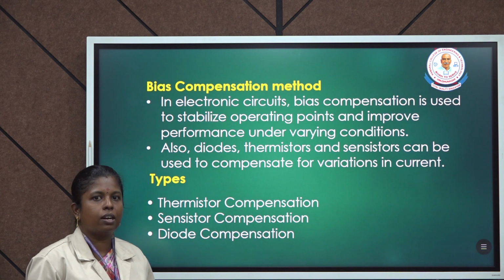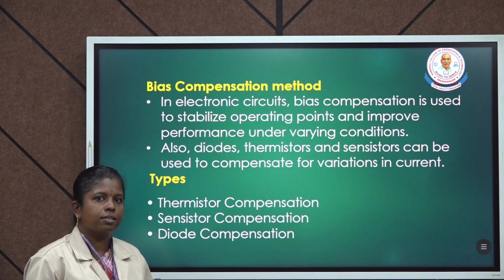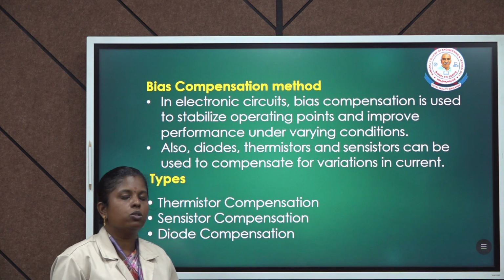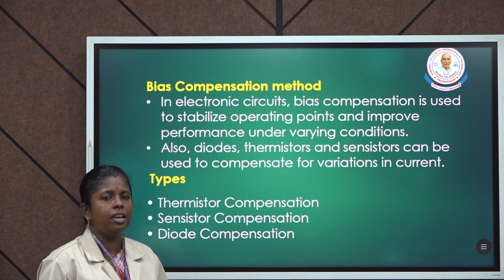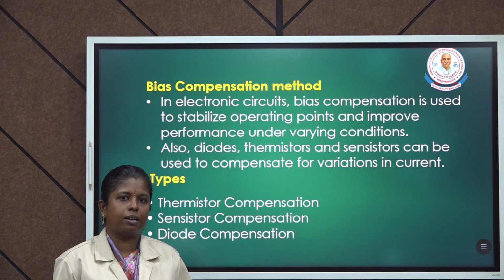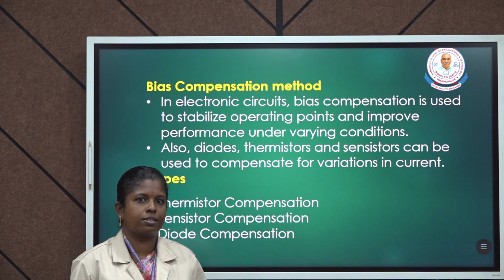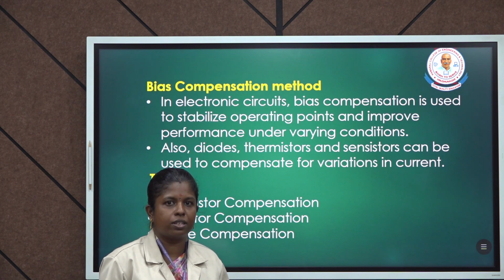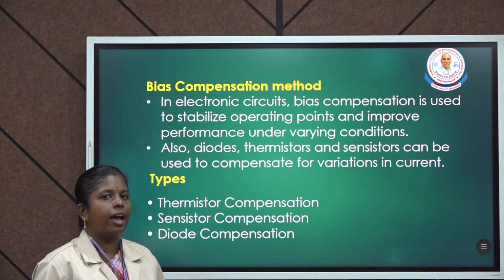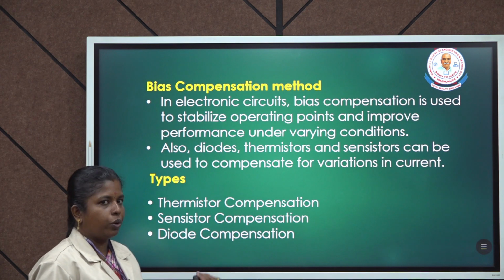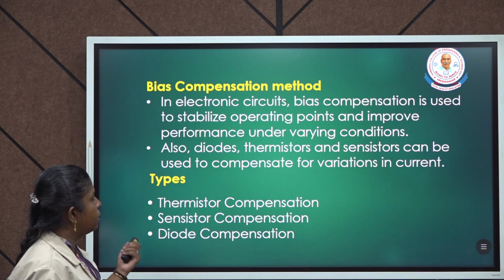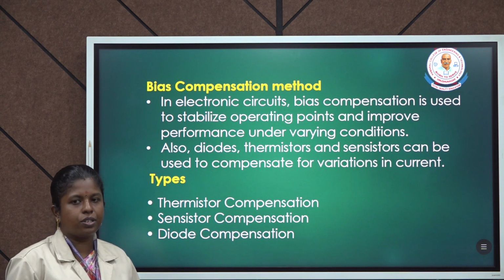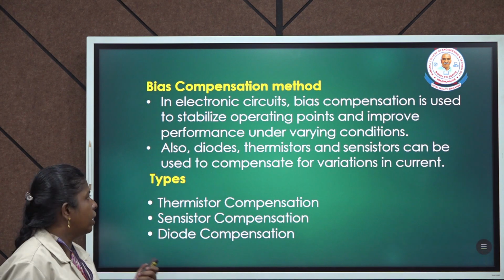We have to concentrate on the stability, so the transistor has to be at an optimized point so that we won't experience any instabilities in the performance of the transistor. That is why we are concentrating on biasing techniques or biasing compensations, which stabilize the operating points and improve the performance of the transistors under varying conditions, as I said earlier.